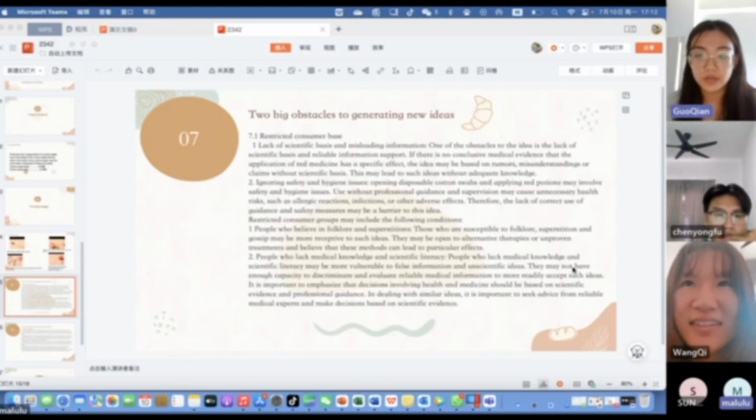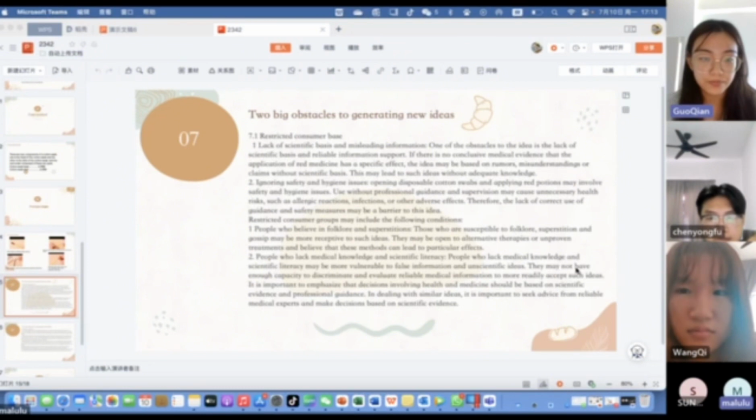Therefore, the lack of correct use guidance and safety measures may be a barrier to the idea. Restricted customer growth may include the following conditions. First is people who believe in locals and superstitions. Second is people who lack medical knowledge and scientific literacy. Okay, the next slide.